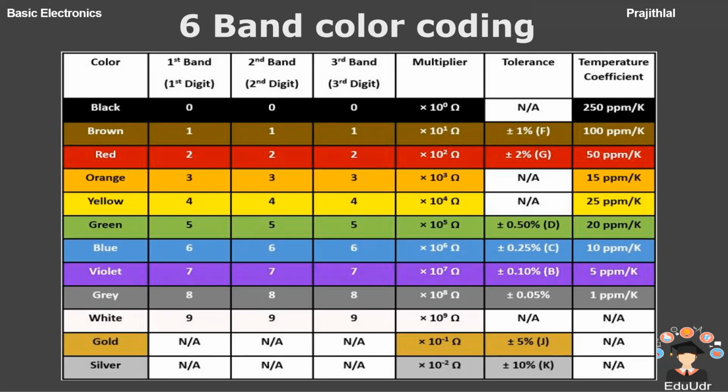Since our resistor is 1 million ohms, a 1 Kelvin change in temperature will result in a 50 parts per million change in resistance. The change may be an increase or decrease in resistance depending on the temperature coefficient. If the temperature coefficient is positive, then with increase in temperature the resistance increases. If the temperature coefficient is negative, then with increase in temperature, the resistance decreases.